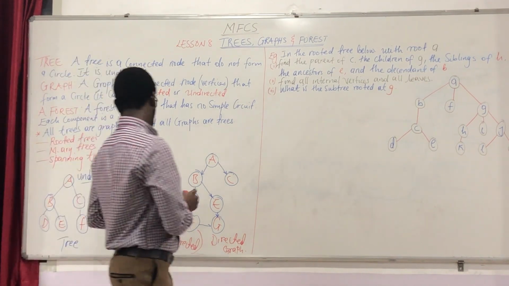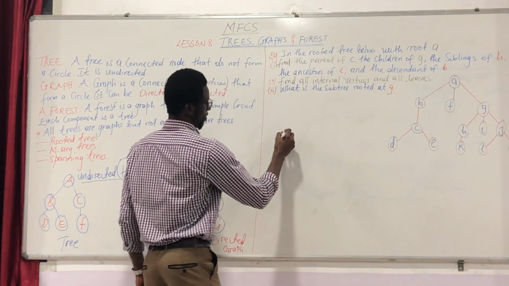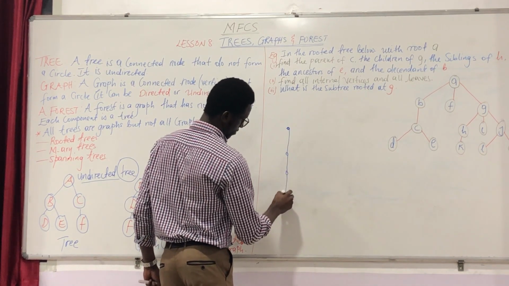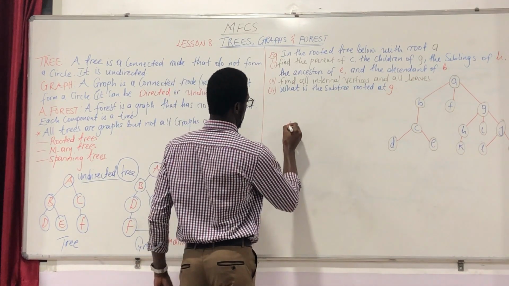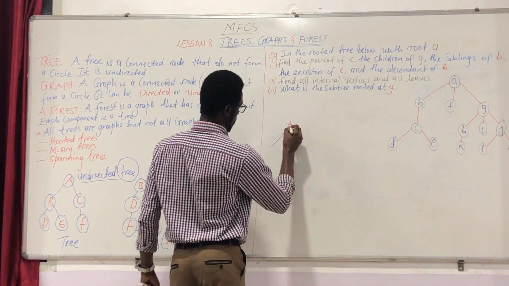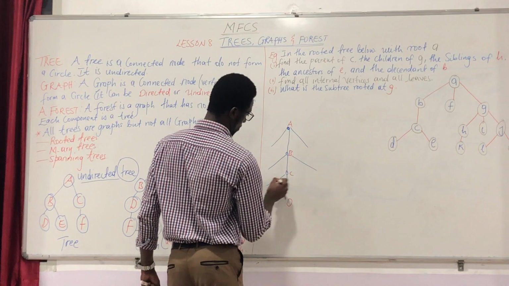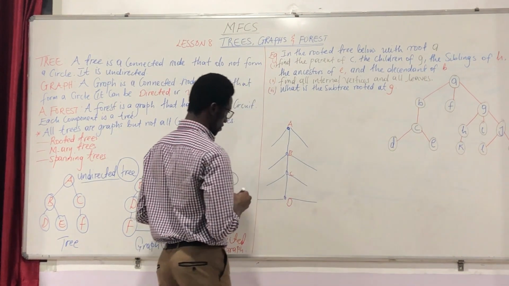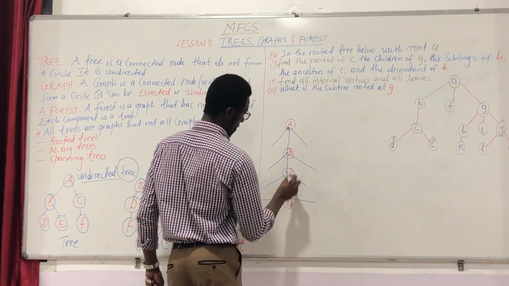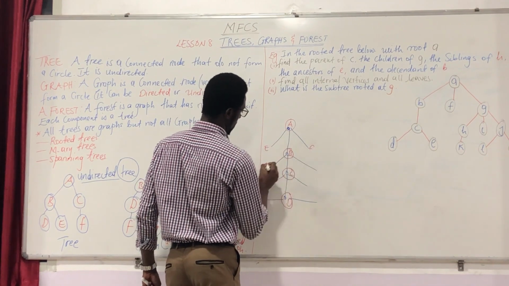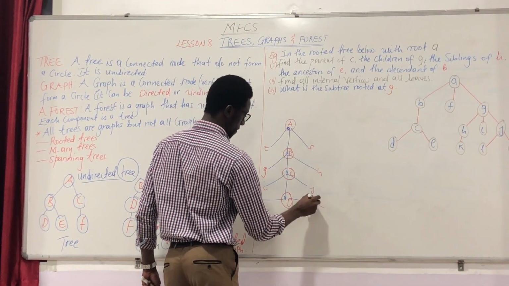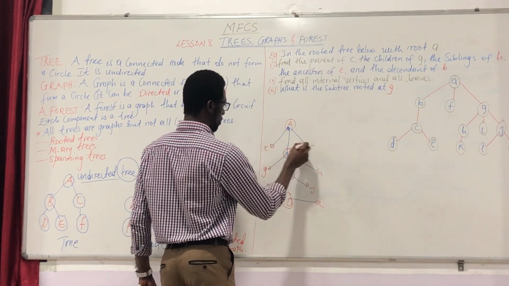Now let's see a forest. For a forest, you have here A, B, C, D, for example.